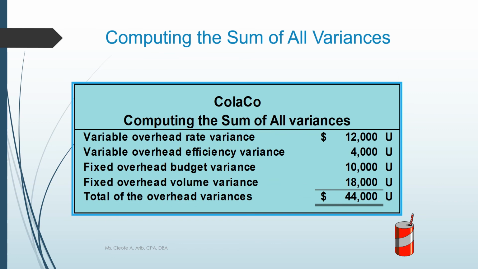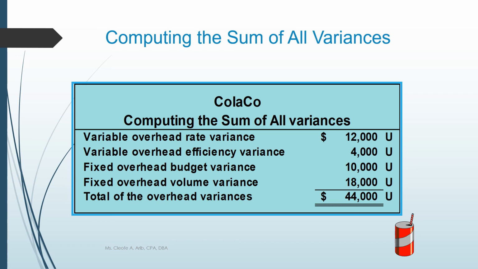So, ayan, nandyan na lahat ng variances for your overhead. Variable overhead rate is $12,000 unfavorable. Variable overhead efficiency, $4,000 unfavorable. And the fixed overhead variances, budget and volume that we computed earlier, 10,000 and 18,000, puro unfavorable.